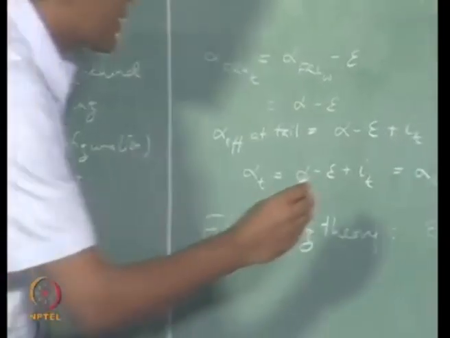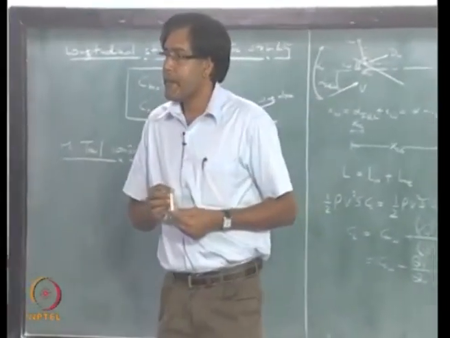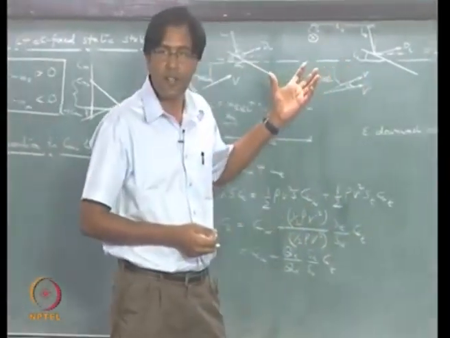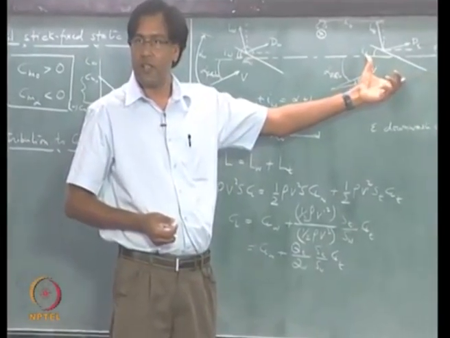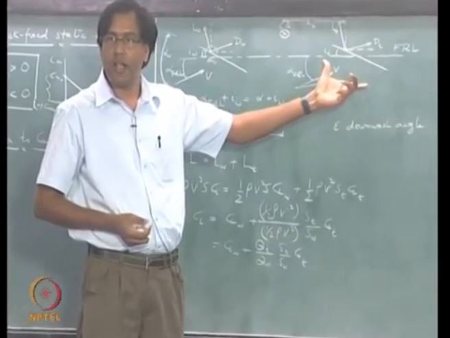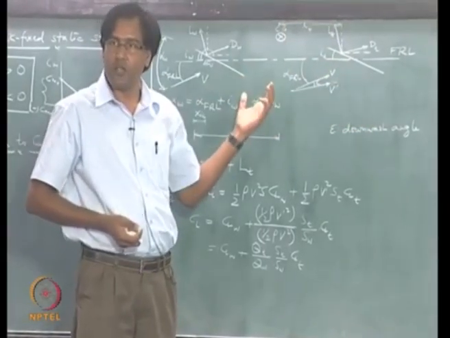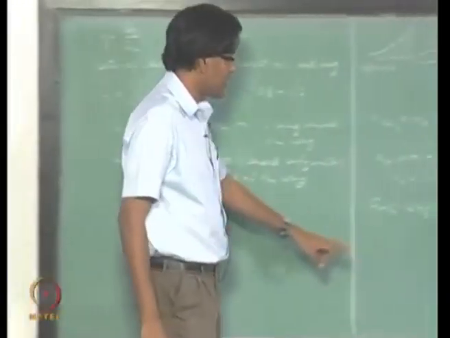Okay, so this is 2 into CLW over okay. Yeah, it depends on a lot of factors, like where this tail is located behind the wing, and how much above, how much below, how close, all of that is going to affect this angle.